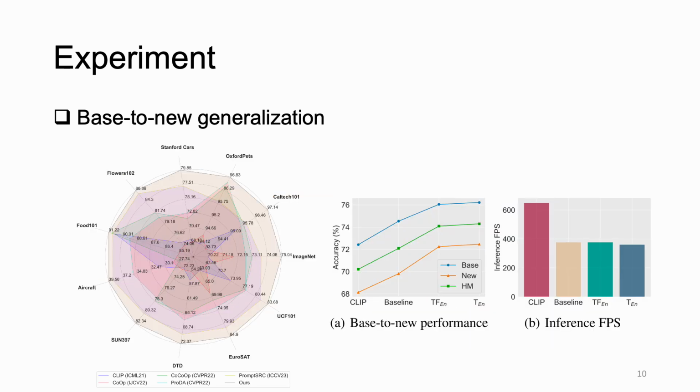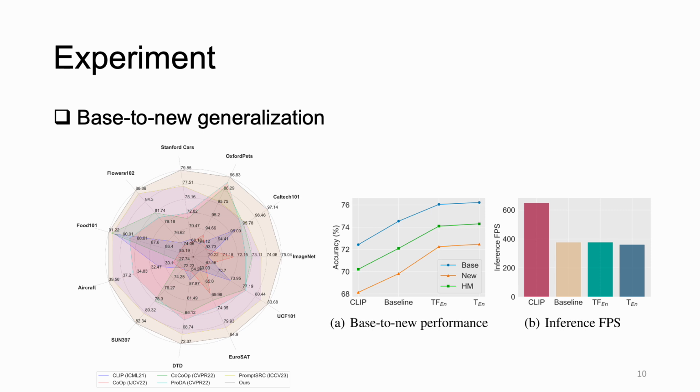And this is the base to new generalization. In this setup, we train the model on some base classes and then test the model on new classes. These base and new classes are non-overlapping, so it is more challenging.